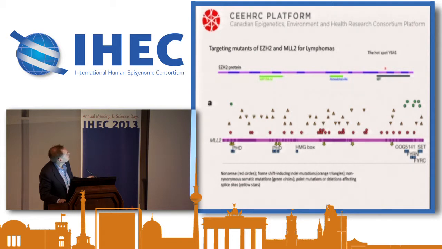Across about 40 genomes, possibly more in this set, EZH2 is essentially only mutated at this position, and that's a gain-of-function allele. I'm not going to go into how that allele works, but it's now pretty well characterized. And MLL2 seems to accrue mutations across its entire length, and that's very consistent with loss of function of MLL2.